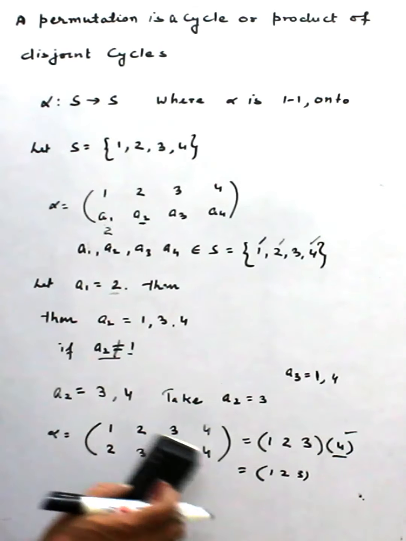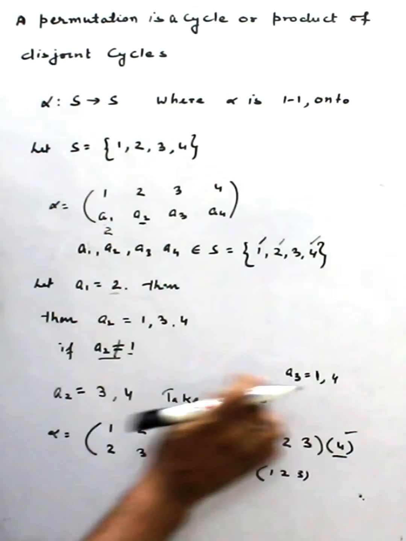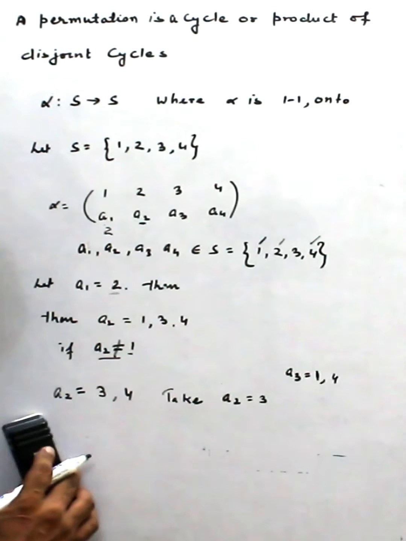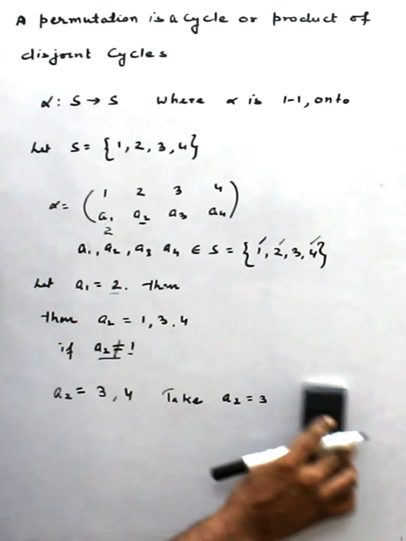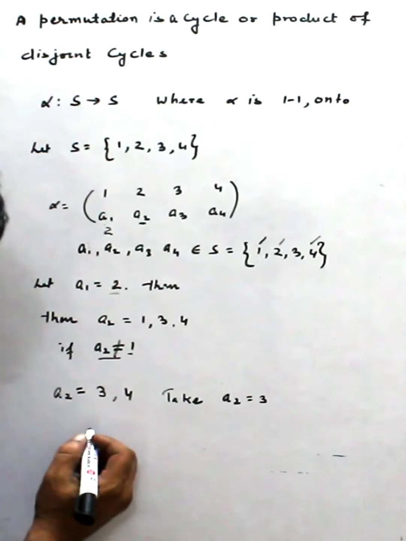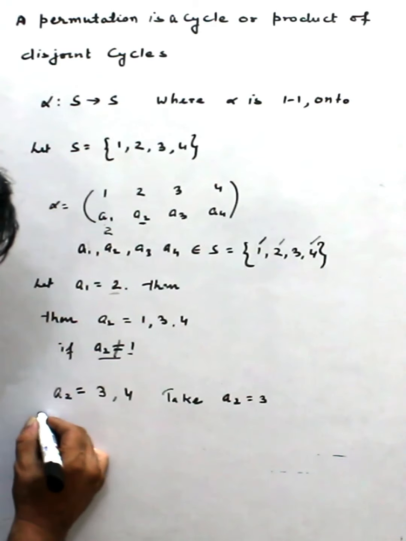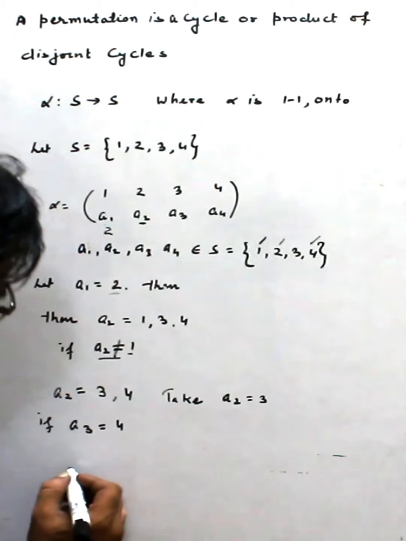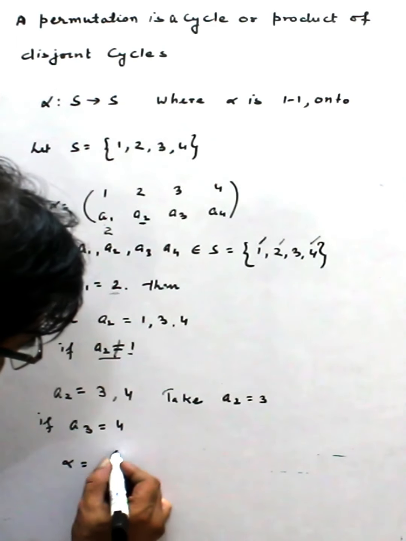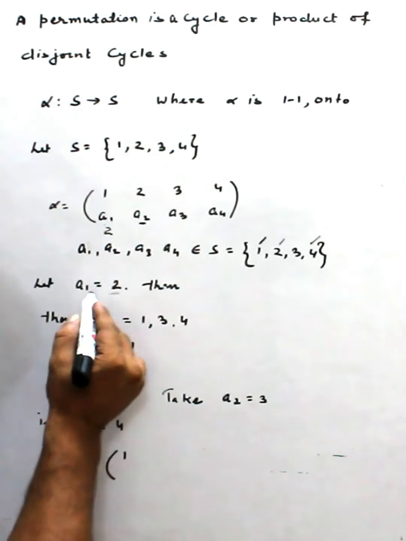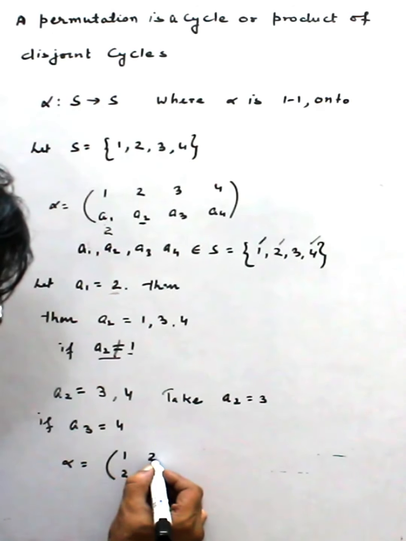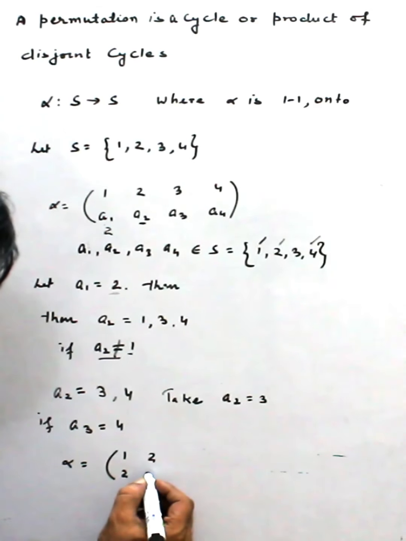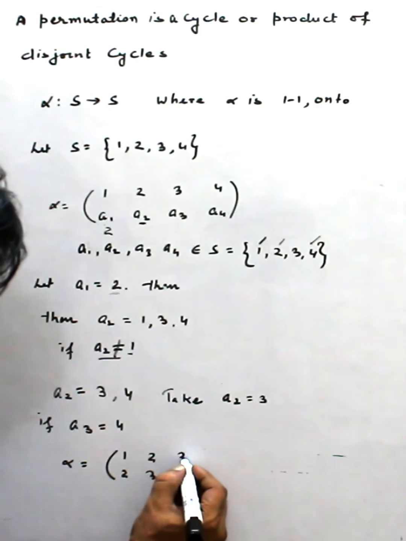But if I take A3 equal to 4, then alpha becomes 1, and A2 is 2, and A2 we are taking 3, and 3 I take.